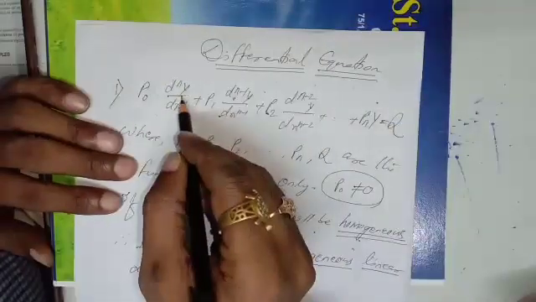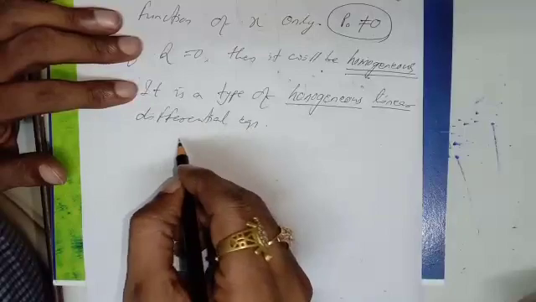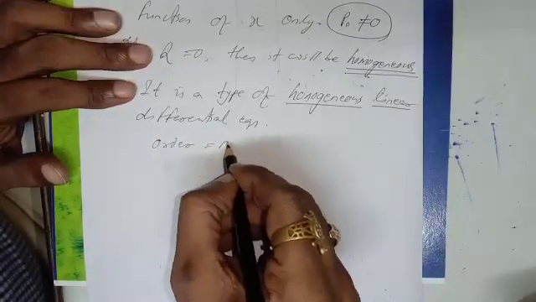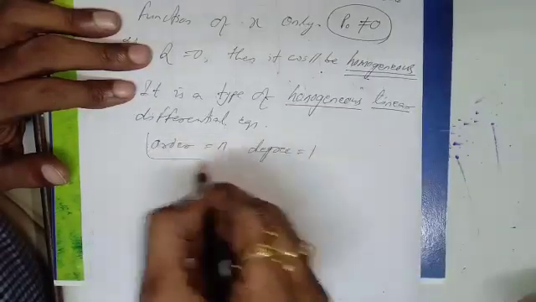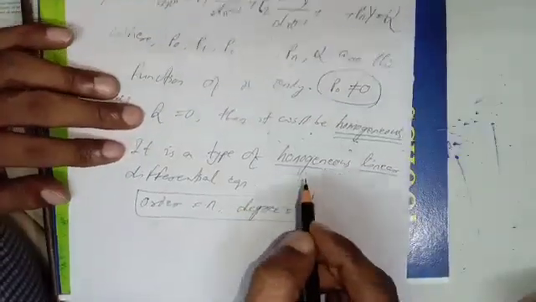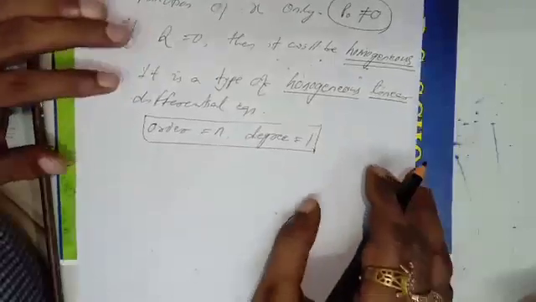The nth order derivative is the highest order, so in this equation the order is n, and the degree is 1. Whenever the degree is 1, it is called a linear differential equation.